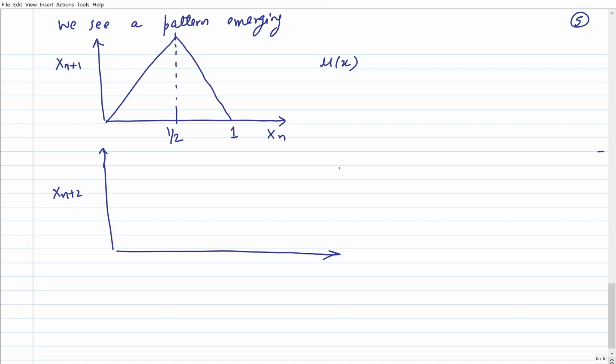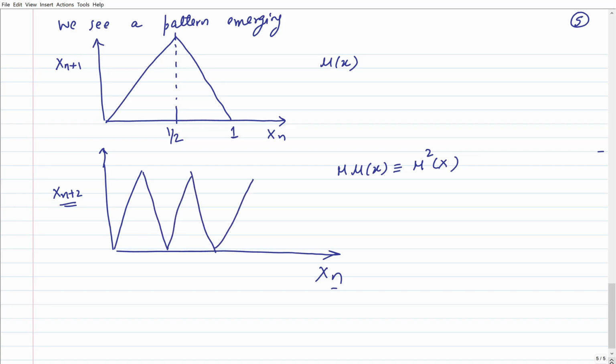The second iterate of the map, or m2x, which takes any point xn to the second time step, looks like this. I'm not drawing them to scale, but you get the idea. So this was 1 by 4, this was half, this was 3 by 4, this was 1.